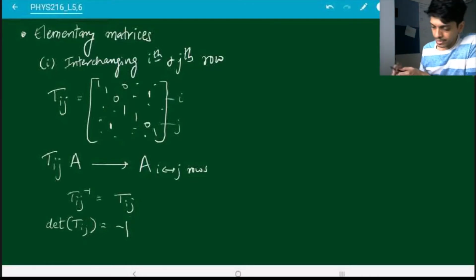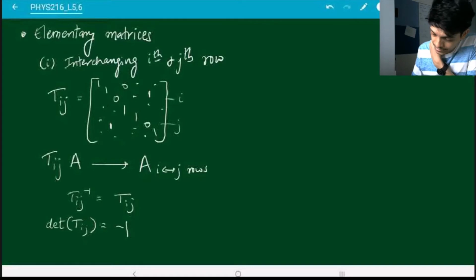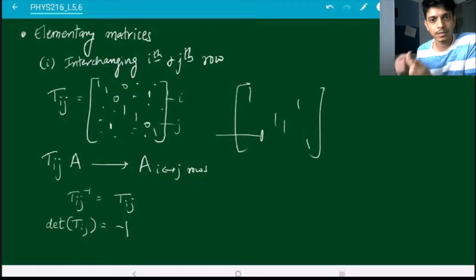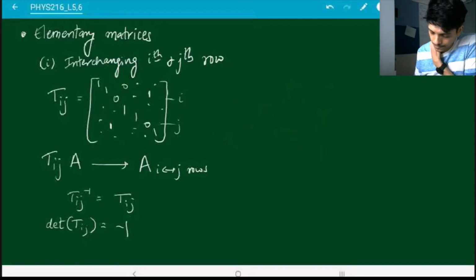This matrix is just the identity matrix with two rows interchanged. So I have put this over here and this over here. It's an identity, whose determinant is 1, with one interchange of rows, so that introduces a minus sign. So the determinant of this is -1.